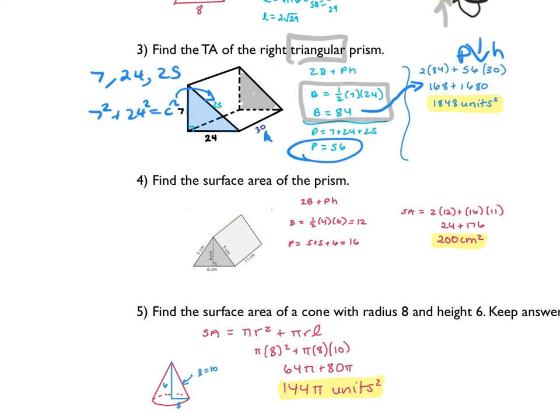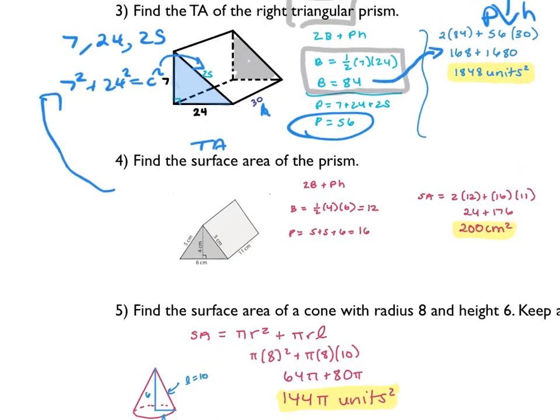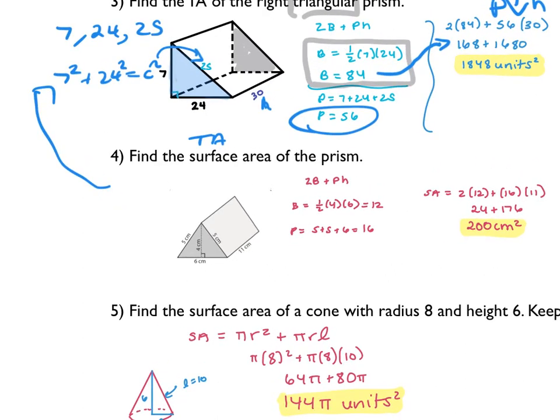All right, next one, surface area of the prism. Again, this is the same question as number 3. Surface area and total area mean the same thing. So we're doing exactly the same thing, but this time they gave us all of the sides. We didn't have to do Pythagorean theorem. Your base shape is this triangle, and again, it's not sitting on its base.